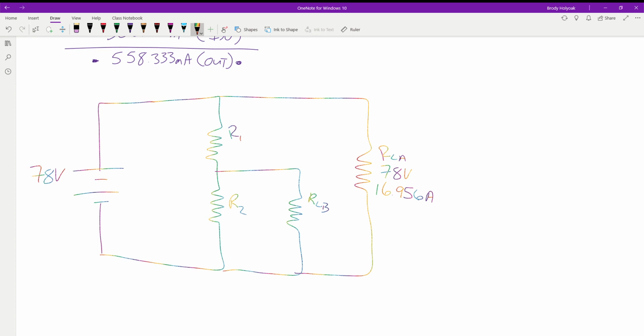VLB is 68 volts. So RLB is 68 volts at 61.818 amps.